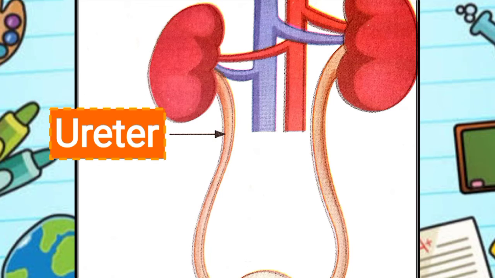It is a muscular tube, and your kidneys make urine by filtering waste and extra water from your blood. The urine travels from the kidney to the bladder in two thin tubes which are called ureters, and the ureters are about 8 to 10 inches long.